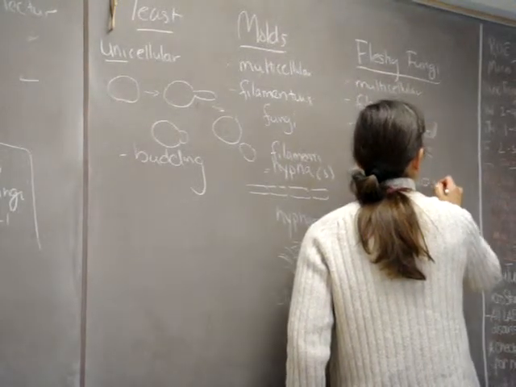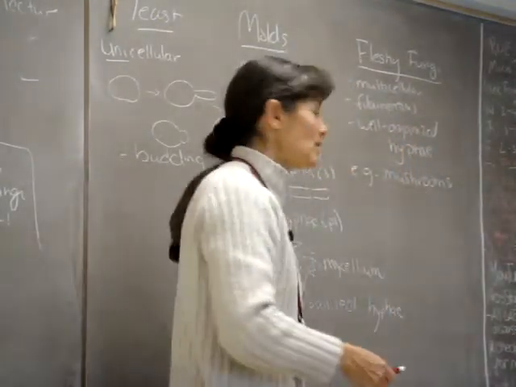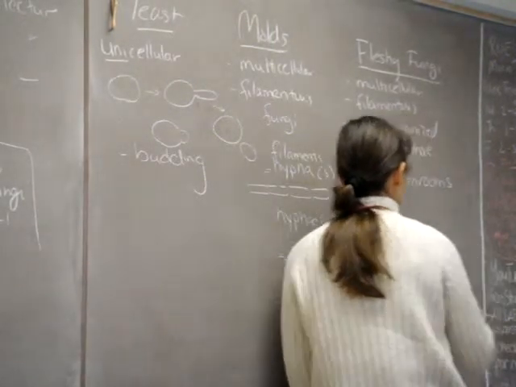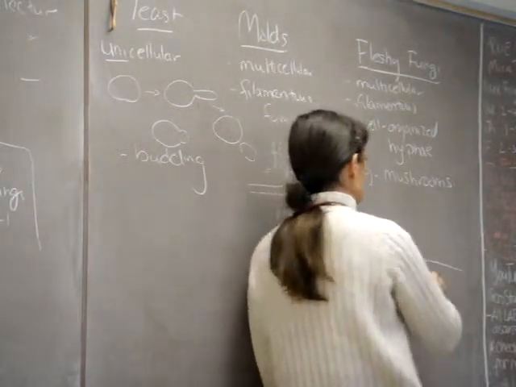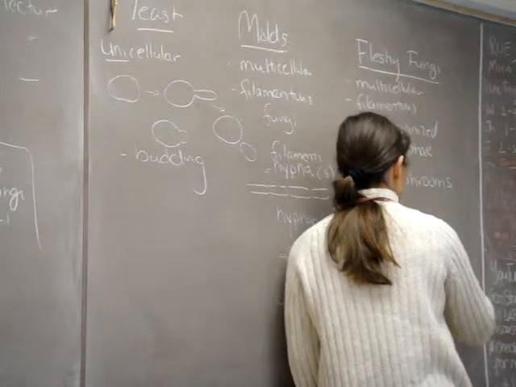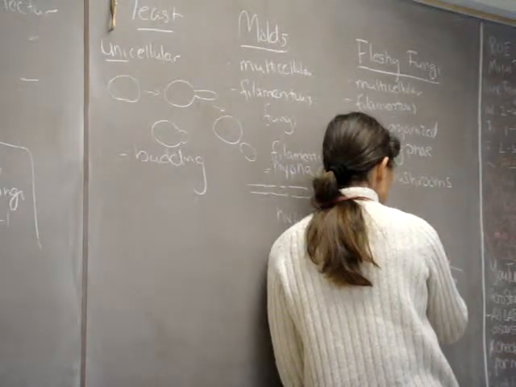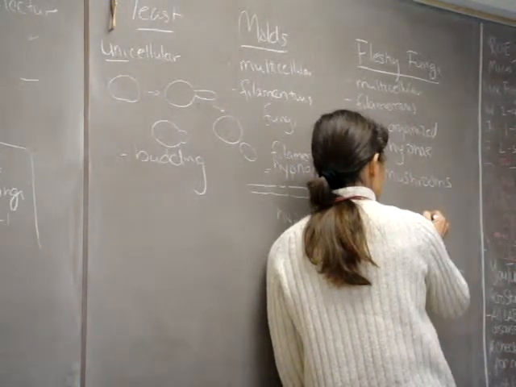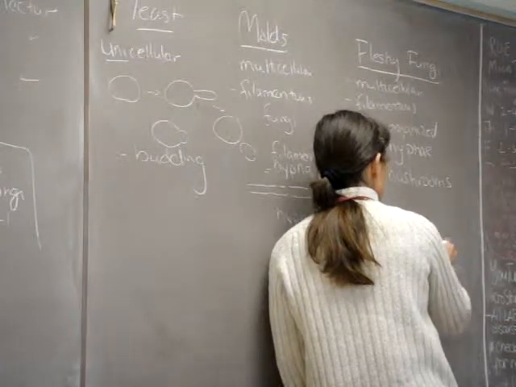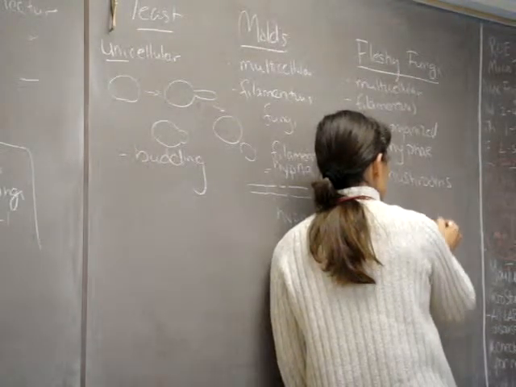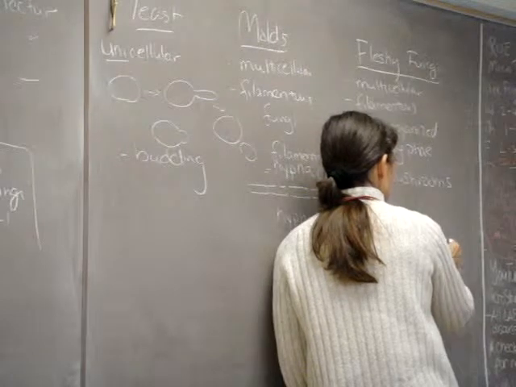And just so we can understand what we mean by well-organized hyphae, okay, let's say we're looking at a cross-section of mushrooms growing in the dirt. So this would be the dirt. Okay, and the stalk of the mushroom, often referred to as the stipe, it's a collection of parallel hyphae.